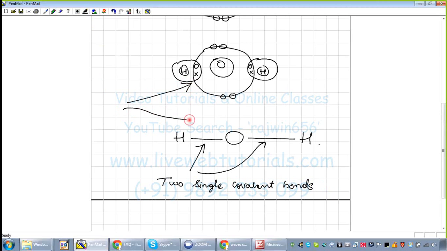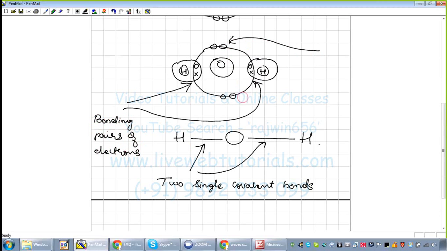Now these both pairs of electrons that I have shown over here, this pair and this pair of electrons, these are known as bonding pair of electrons. These 2 pairs of electrons that are shown over here, we call them either non-bonding pair of electrons or simply lone pair.